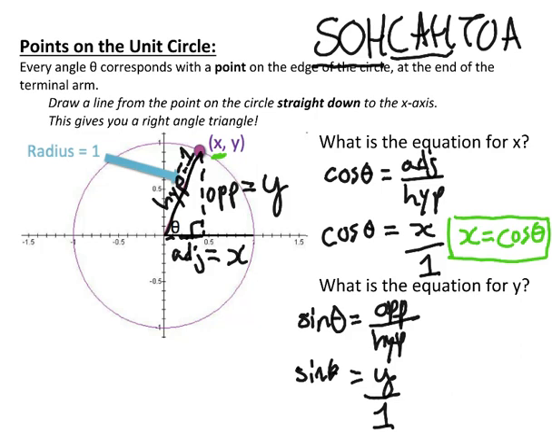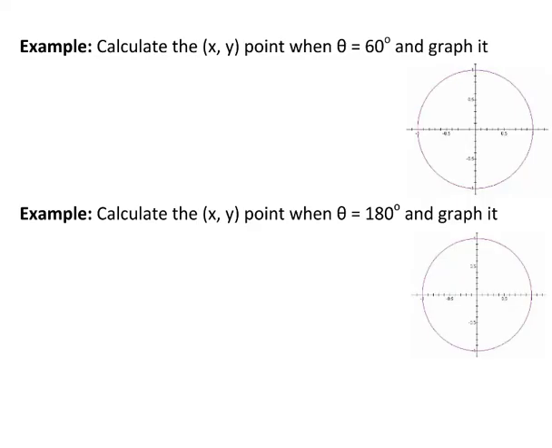So that gives me a really lovely equation for y. y is equal to sine of whatever angle I have in here. So the y coordinate of that point on the unit circle must just be sine of my angle. So these two formulas are things you'll definitely want to remember. The x coordinate is cos of your angle, and the y coordinate is sine of your angle. You'll want to memorize those because you'll use them a lot.